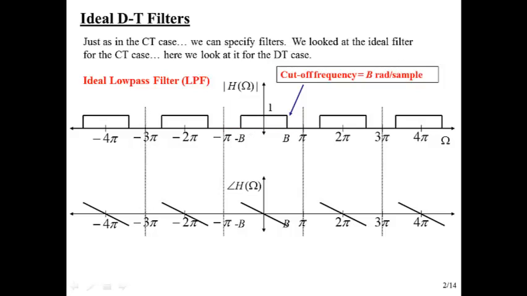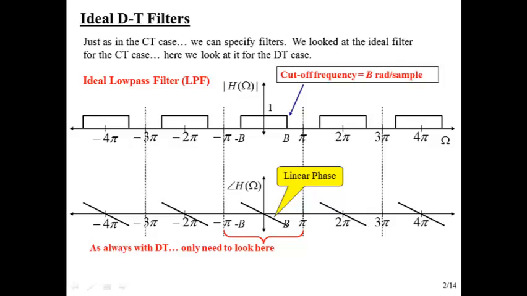You'll notice that outside the minus pi to pi range, this thing completely repeats periodically. It has to, because H of omega is a DTFT. We also see that we have a linear phase response, just like for the continuous time case. That would be the ideal phase response that we would want to have.